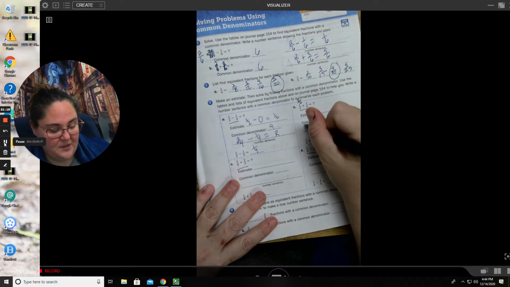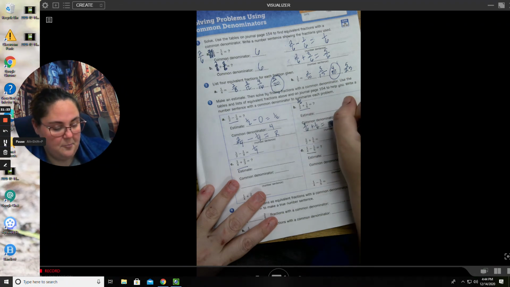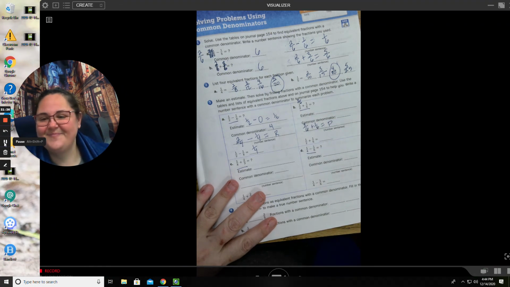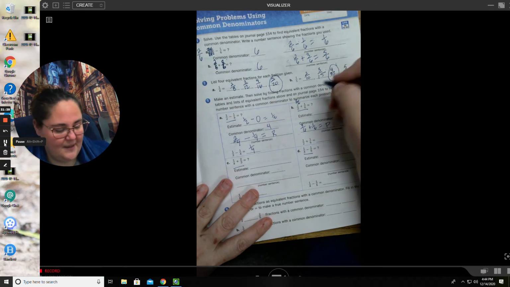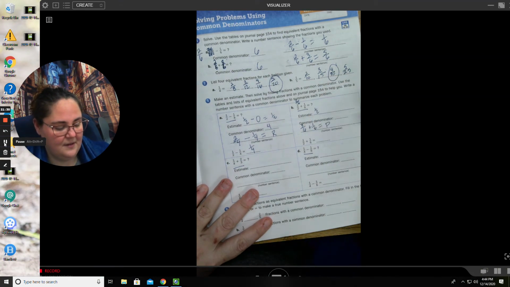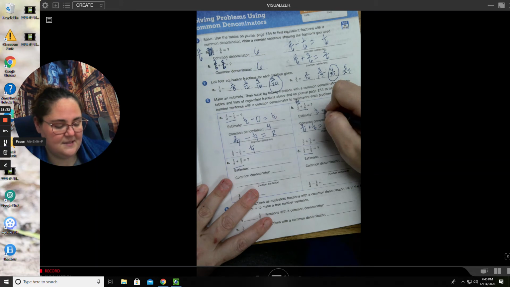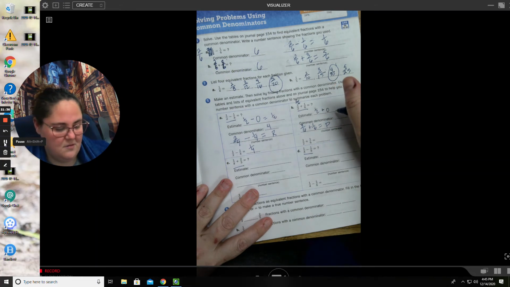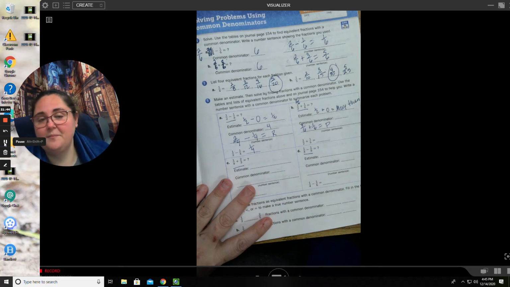My number sentence will be 3/6 plus 1/6 equals P. All right, my estimate, that's about 1/2. And that's a little bit, it's probably, I would say 0. So my estimate, my answer will be more than 1/2. I would take that as an estimate.